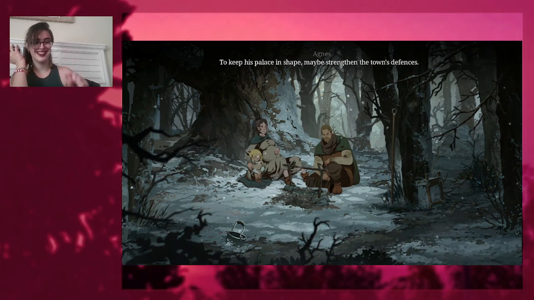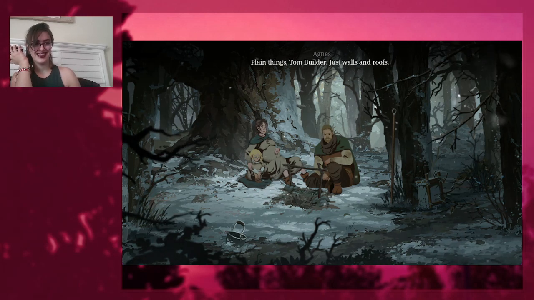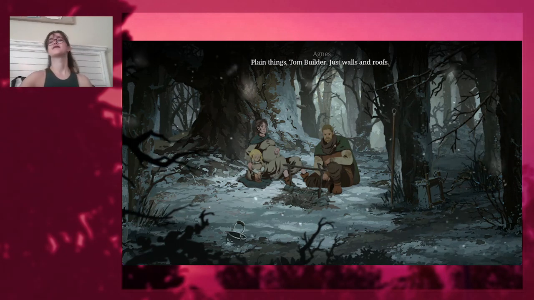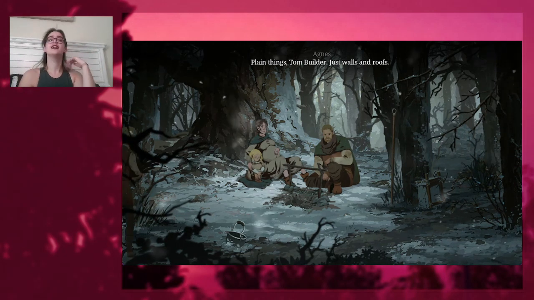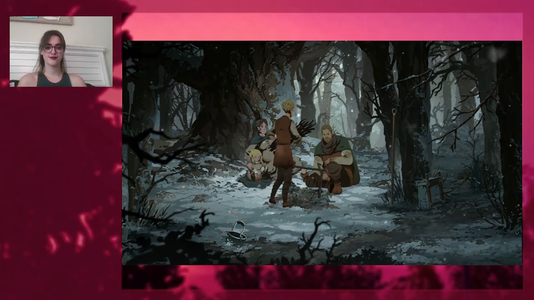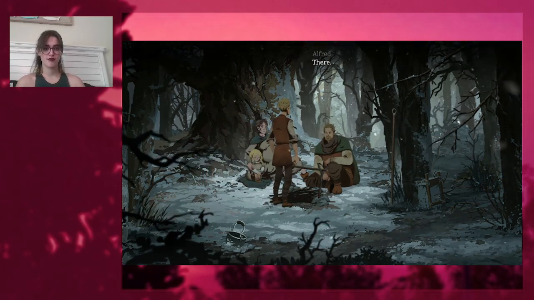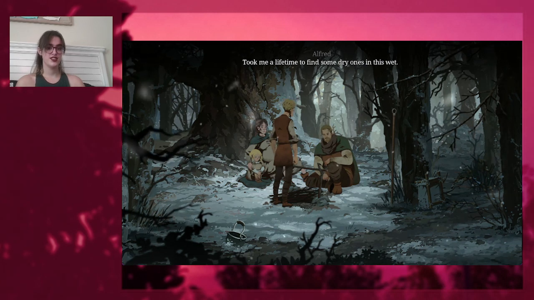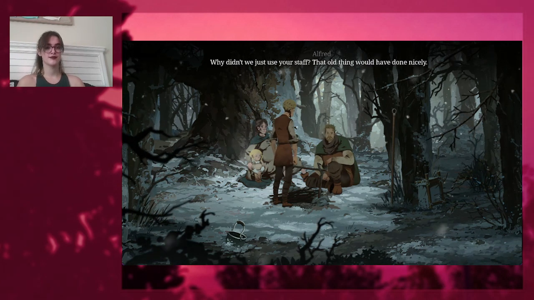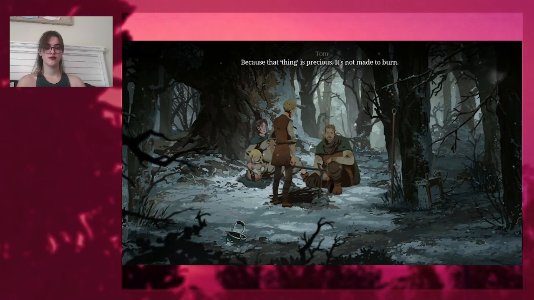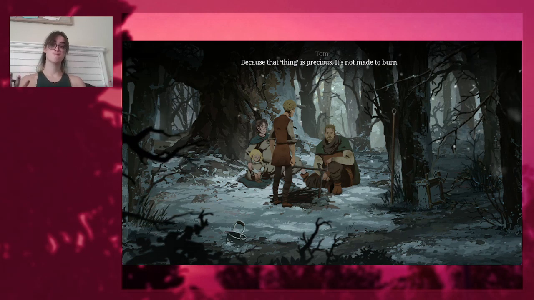Maybe strengthen the town's defenses? Plain things, Tom Builder. Just walls and roofs. There. Took me a lifetime to find some dry ones in this wet. Snarky little guy. Why didn't we just use your staff? That old thing would have done nicely. Because that thing is precious. It's not made to burn.